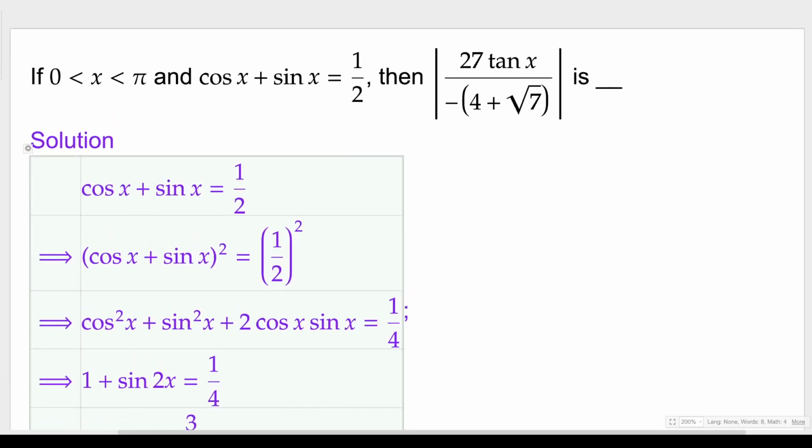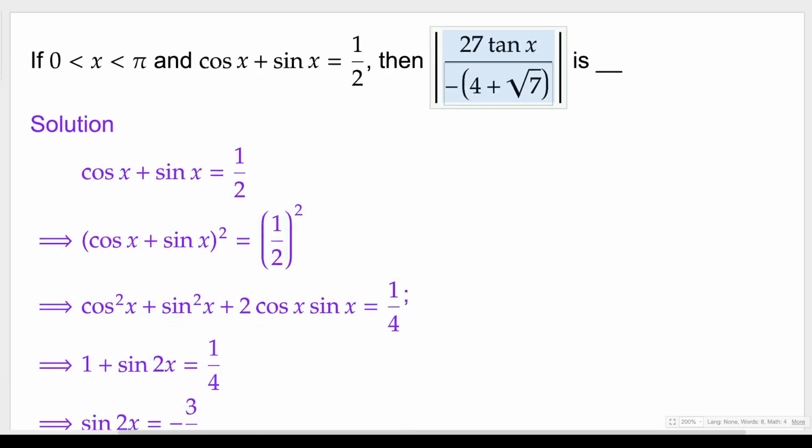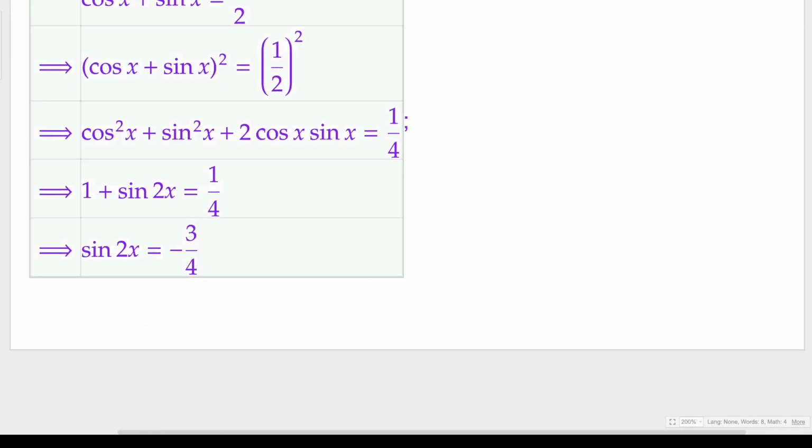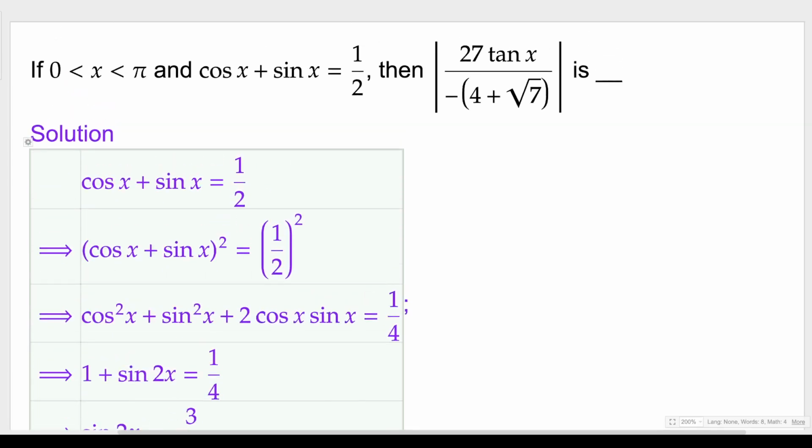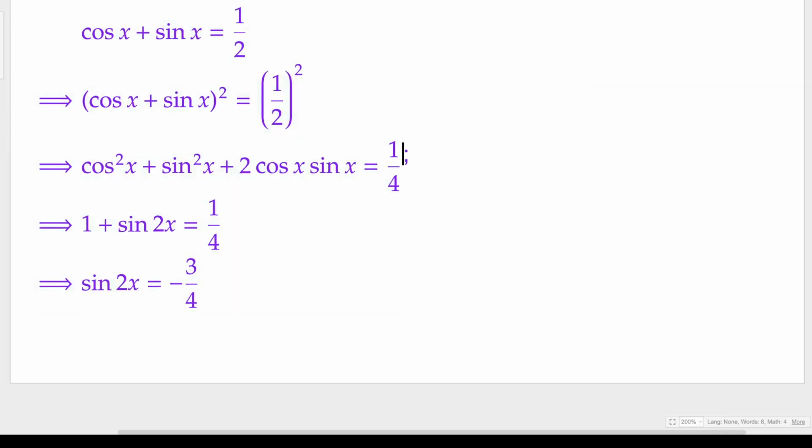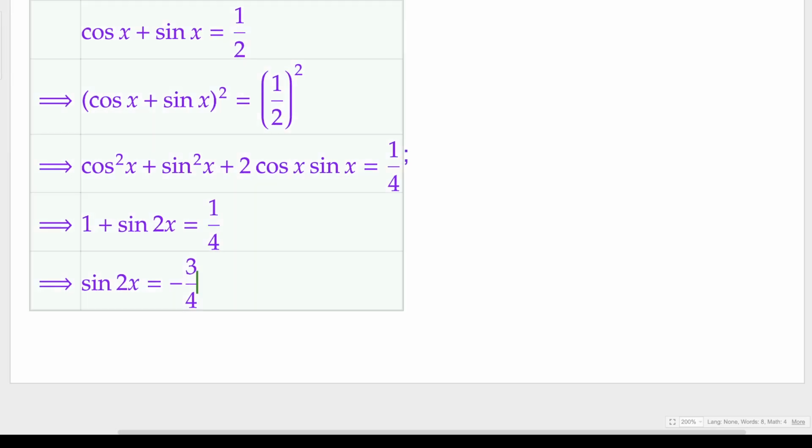Now in the expression here we have tan x, so we need to apply some strategy by which we can relate this sin 2x and tan x. I'll try to reverse engineer, applying some approach by which I can convert this sin 2x to an expression that involves tan x. So let's think about it.